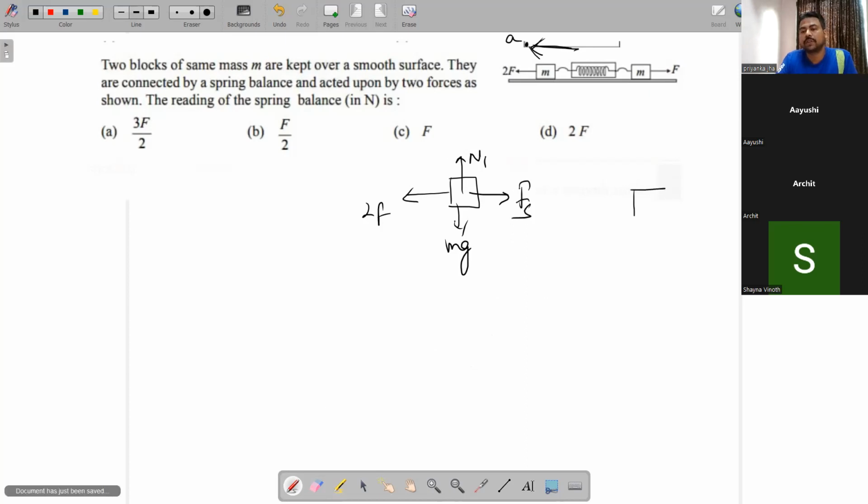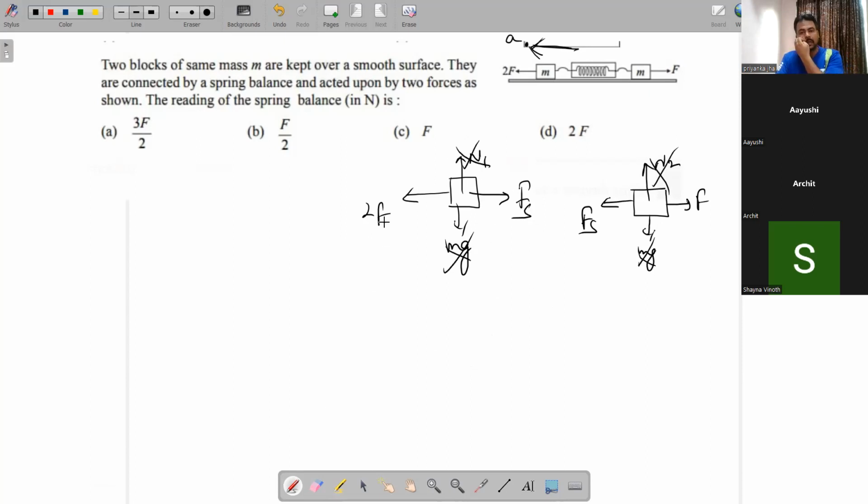And if you draw the free body diagram of this small block, F is acting like this, the same spring force because the spring is ideal, and normal force and mg. There is no need to consider these because it is moving horizontally. Because the system is moving towards left, the net force has to be towards left. So 2F minus spring force equals mass into acceleration, and for this one, Fs minus F is the net force towards left, equal to m into a.